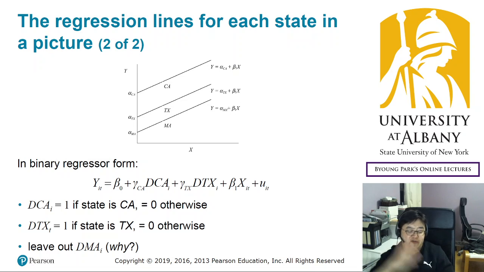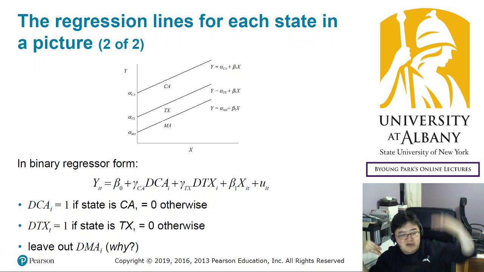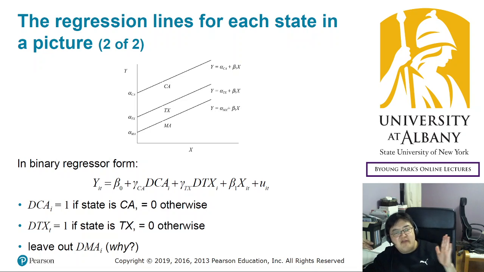So if you can assume that those omitted variables do not change over time, but are specific to the state, then you may think that the starting points are different. Say Massachusetts, Texas, California have different starting points of the traffic fatality. Depending on their traffic density and their culture, their traffic fatality would be different even if all of them have zero beer tax, zero alcohol tax.